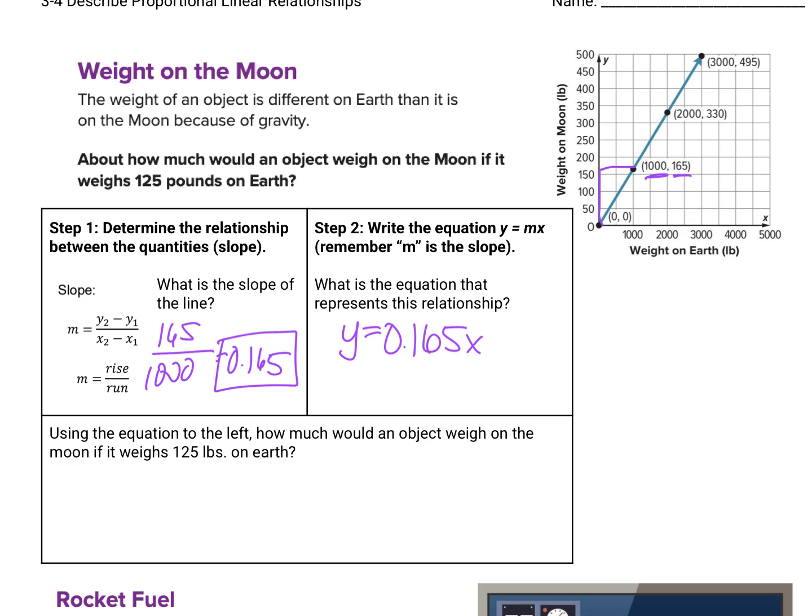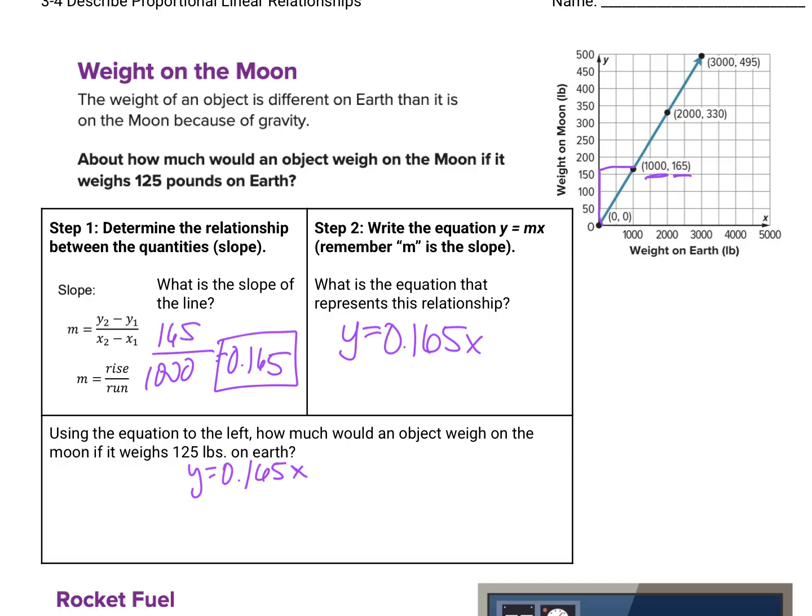Okay, so let's look at our last question here at the top. It says using the equation to the left or above, how much would an object weigh on the moon if it weighs 125 pounds on Earth? So again, we're going to start with that equation of y equals 0.165x. When it's asking how many pounds it would weigh on the moon if it weighs 125 pounds on Earth, we need to figure out if we're going to plug in that 125 for the x or for the y.